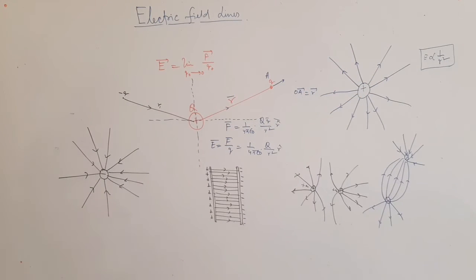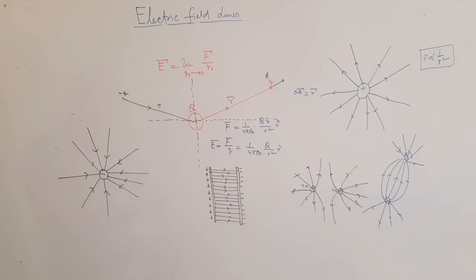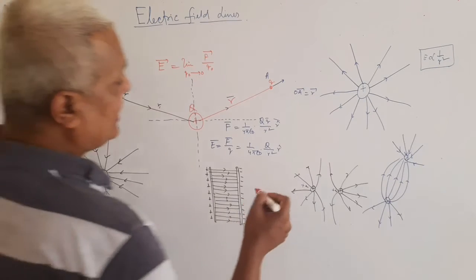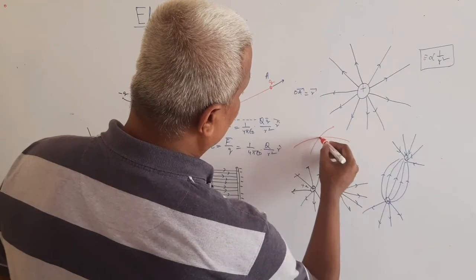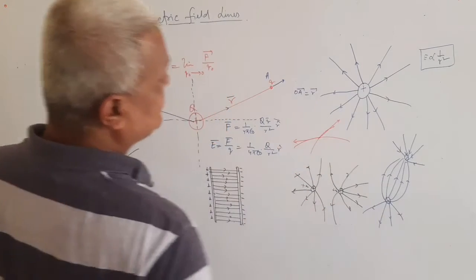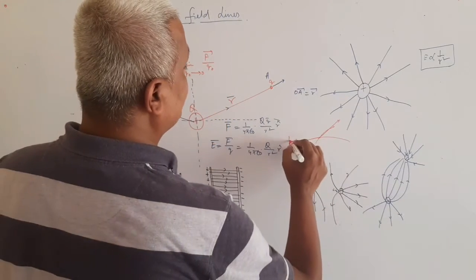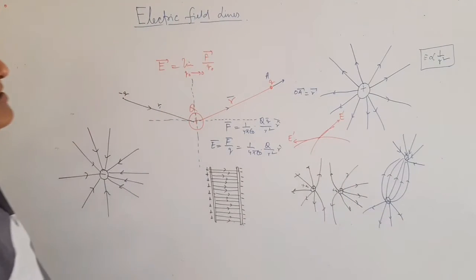Now one more important point about the characteristics of the field lines is that no two electric field lines intersect each other, because if they do so, mathematically at the point of intersection of these two field lines, you can draw two tangents, and these two tangents give you two different directions of the field, which is not possible.